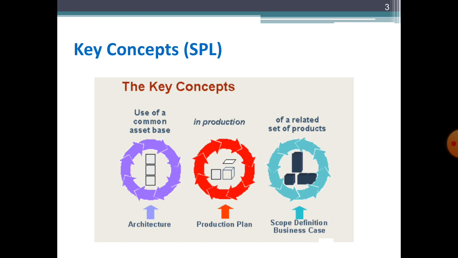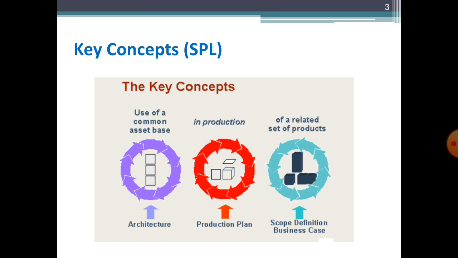So students, as I discussed earlier, a software product line is a software intensive system sharing a common managed set of features which satisfy the specific needs of a particular market segment or mission that are developed from a common set of core assets. So what are the core assets?